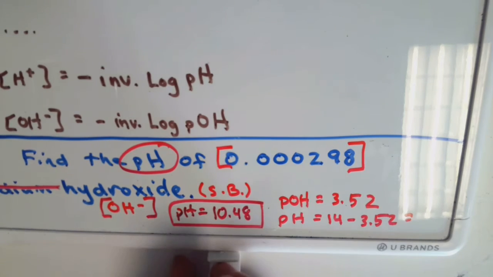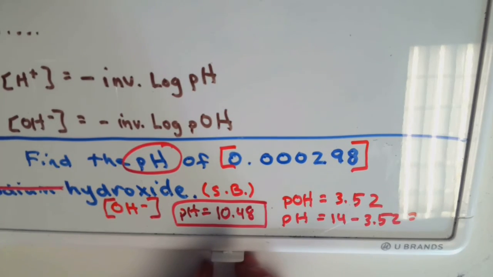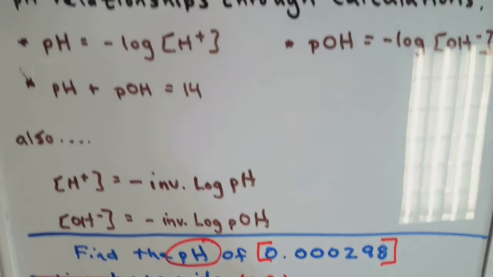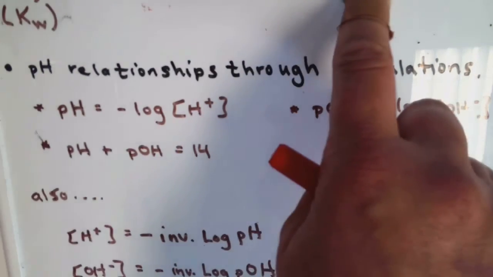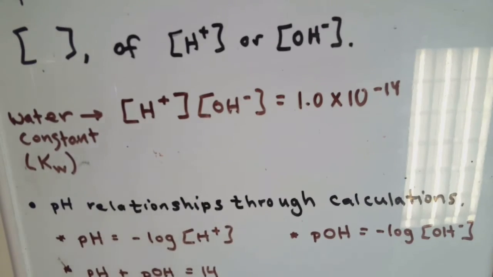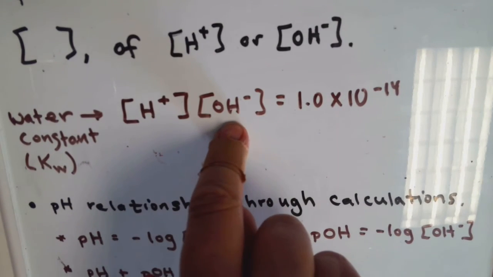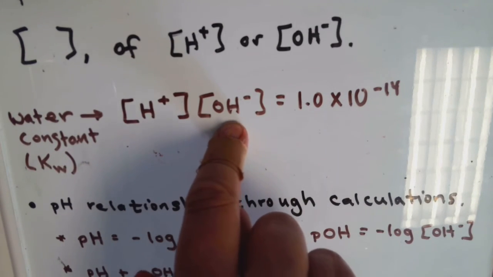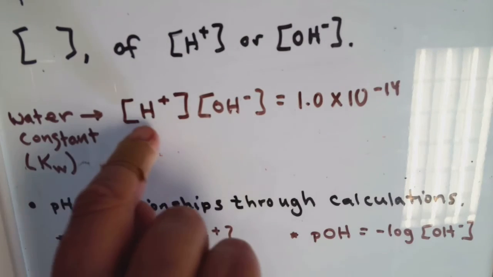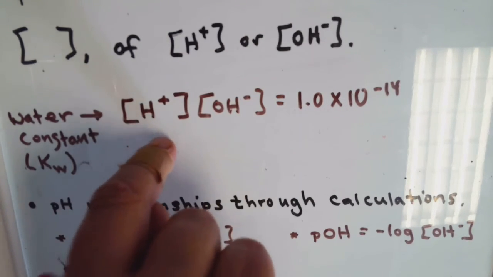The other way to solve for this is that I give you the hydroxide ion concentration. You could divide the water constant by that concentration, 0.000298, to get the hydrogen ion concentration, and then just take the negative log.